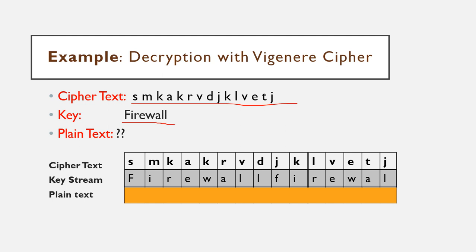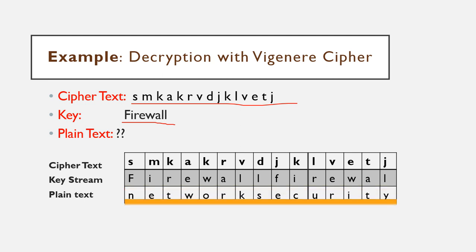As you can see, this is symmetric, so the same key is used. For encryption we used firewall, and for decryption firewall will still be used as the key. So we have the ciphertext and a key stream. So how will plain text be generated from the given ciphertext?